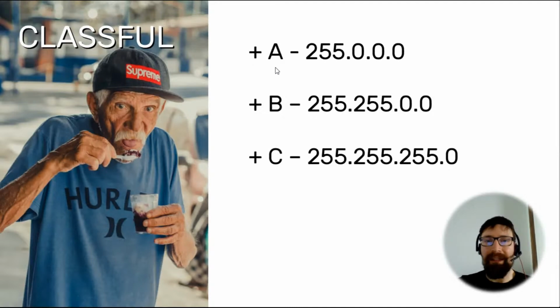Class A has this subnet mask, Class B has this subnet mask, and Class C has this subnet mask. You obviously see that Class A has the most IP addresses that it can accommodate. Class B less, and Class C has very few.